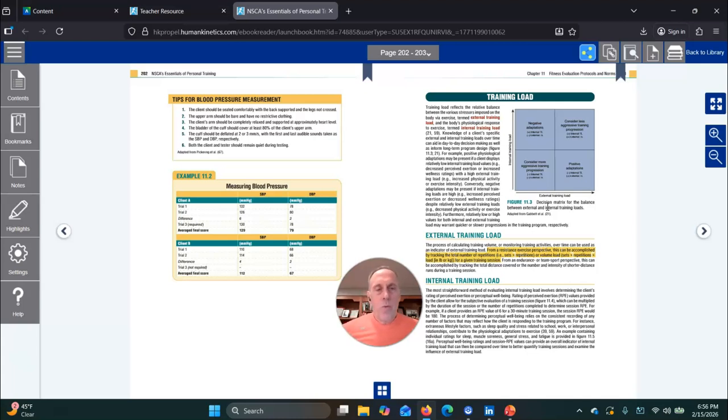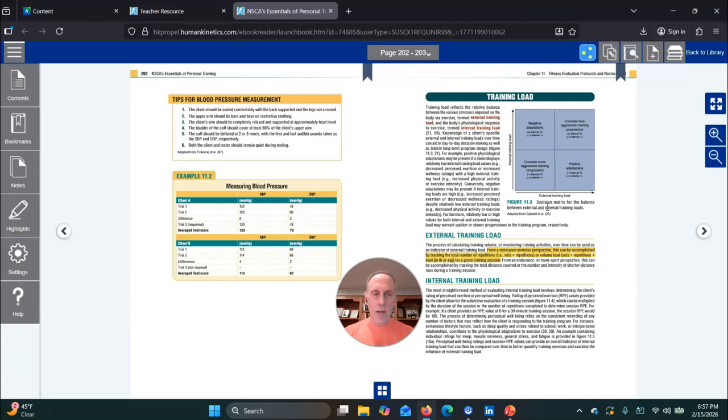So what the book gets across, and what they have later on in a quiz somewhere, is they talk about resistance exercise being an external training load because here you are, you're picking up a weight, you're doing something, that's a load being placed on the body.